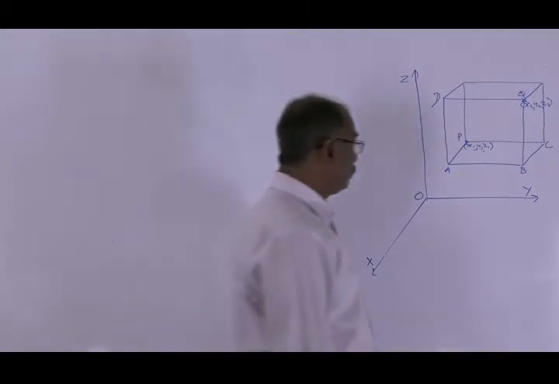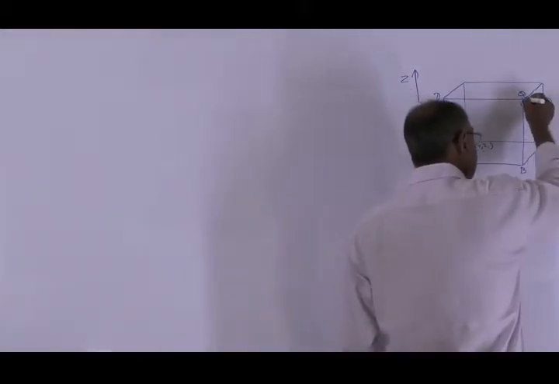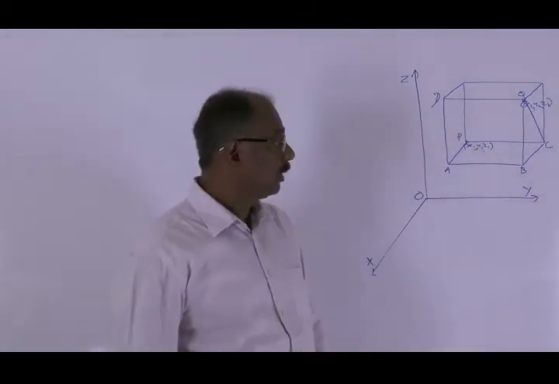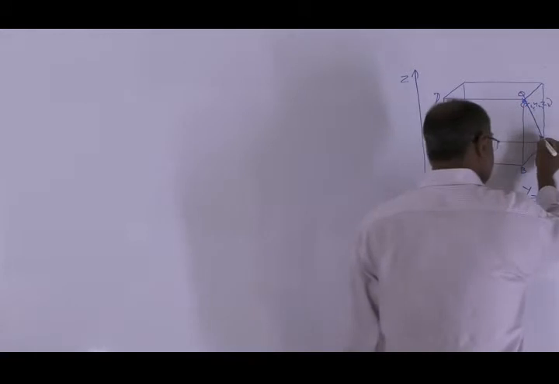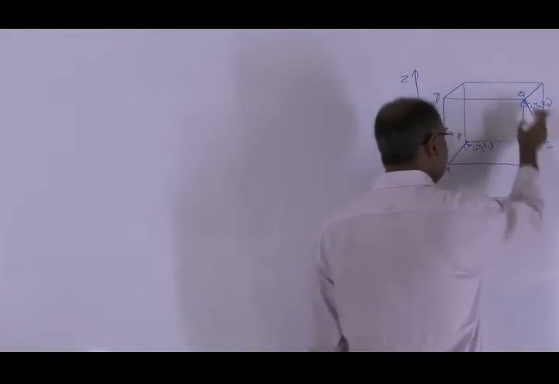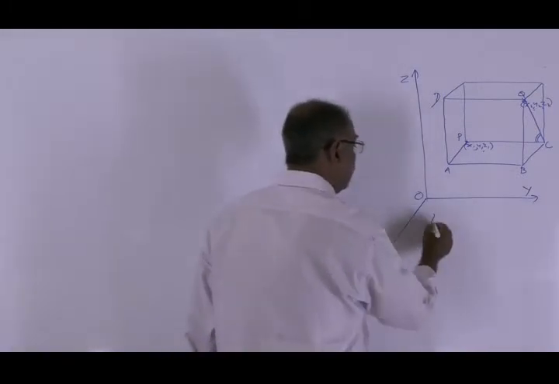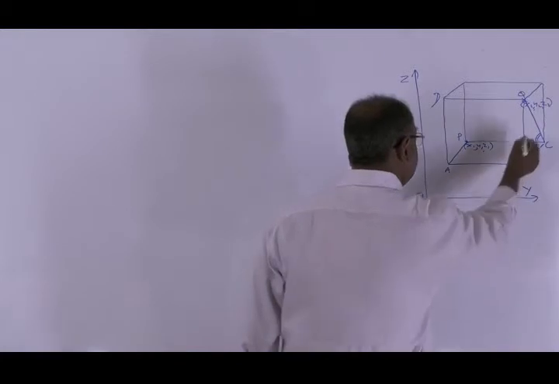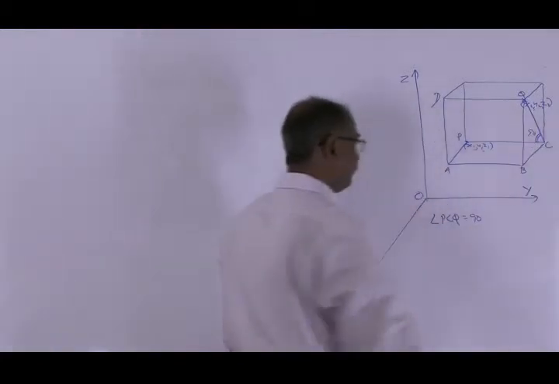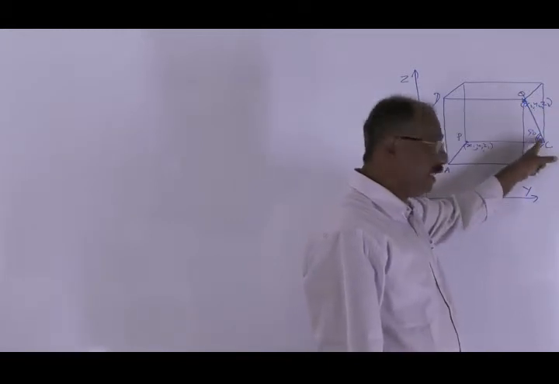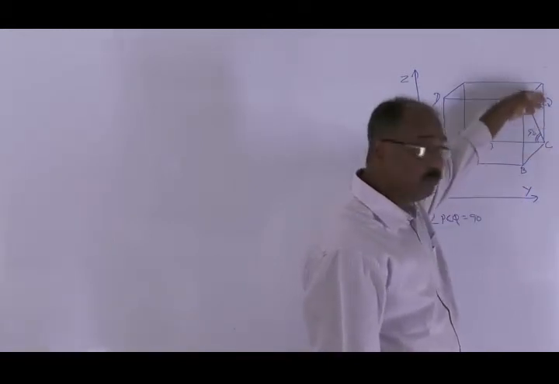And now join this QC. And now consider this angle PCQ, which is clearly 90 degrees, because this PC is an edge and this QC is on this side of the box.